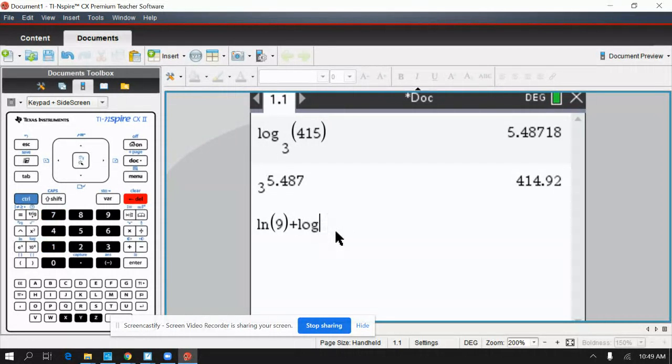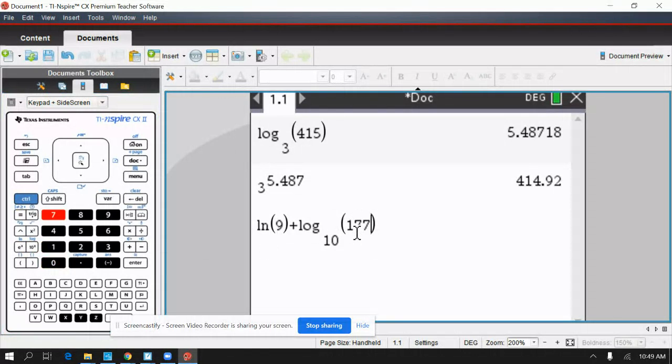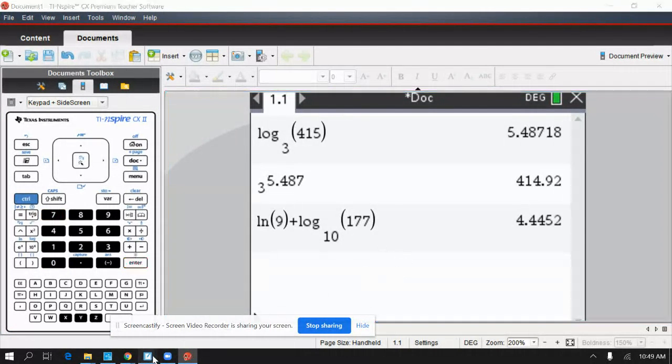I'm not going to like that. Probably a way to do it without putting in that 10, but 4.445.